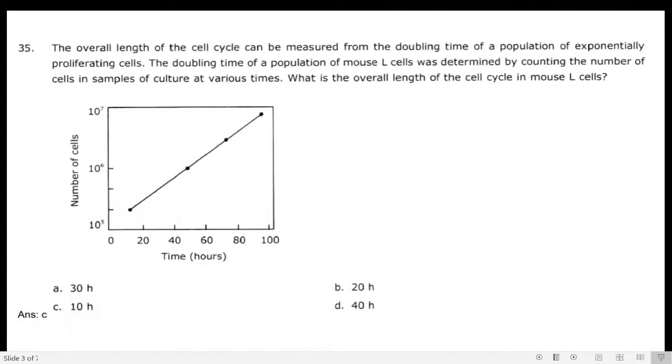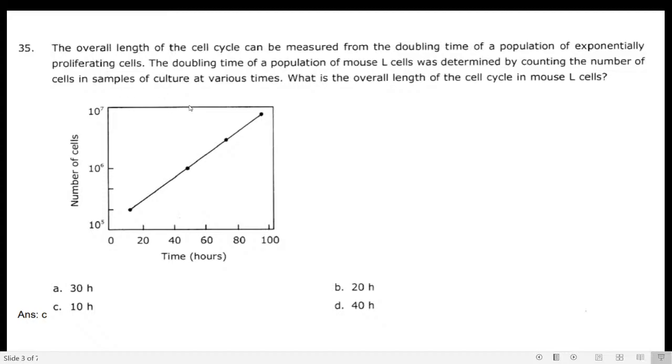Okay, a logical question here. The overall length of the cell cycle can be measured from the doubling time of a population of exponentially proliferating cells.